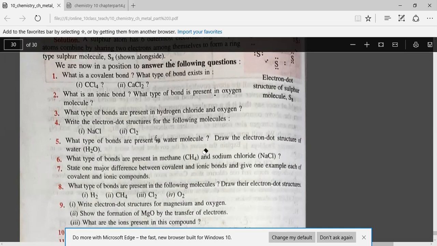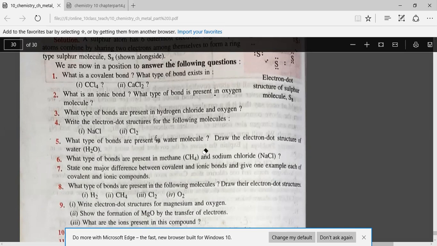Seventh, state one major difference between covalent and ionic bonds and give one example each of covalent and ionic bond compounds. So what is the difference? Covalent bonds are between non-metal and non-metal, and ionic bonds are between a metal and non-metal.